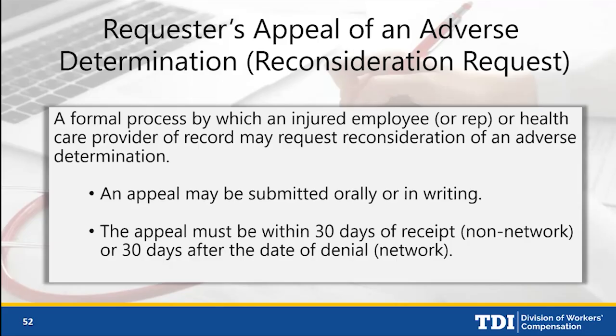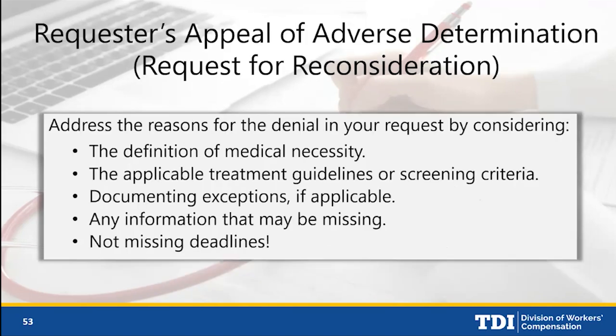On the network side, it's 30 days from the date on that adverse determination. It's a little bit different, but just keep that 30 days in mind, knowing that these timeframes are very important because you don't want to have done all of this work up until now and then just miss a deadline.